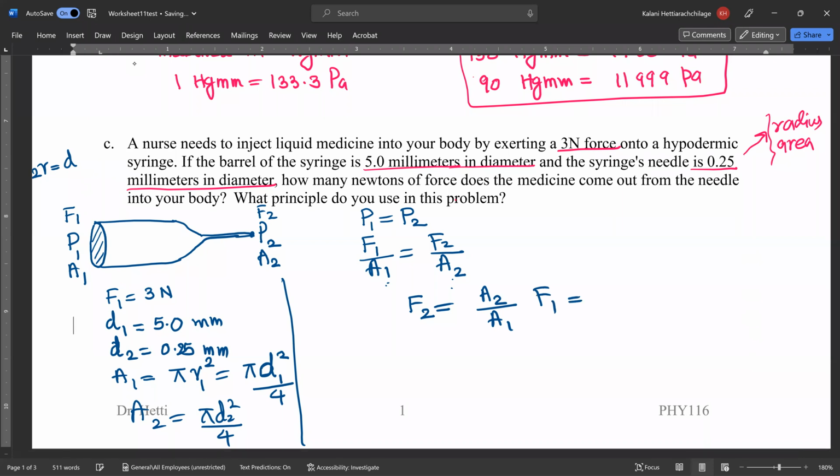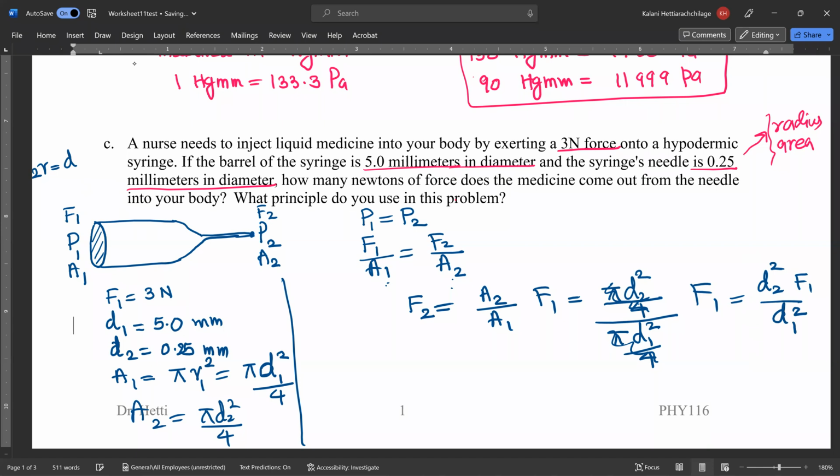So now A2 over A1 is pi d2 squared divided by 4, divided by pi d1 squared over 4, and F1. You see that a lot of things here will cancel out. This part and this part will cancel out, right? Finally, you're going to stay with d2 squared F1 divided by d1 squared.